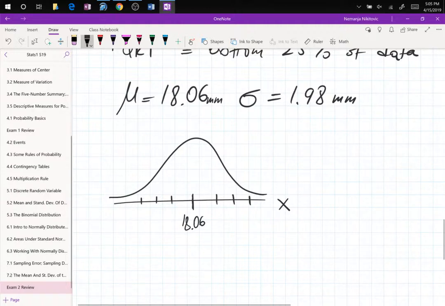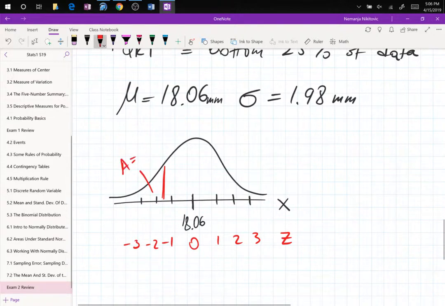Now, the same line becomes, in red, 0, 1, 2, 3 on a z-scale, right? And 25% of the data is going to be 25% of the area under the curve, so the area over here is equal to 0.25.